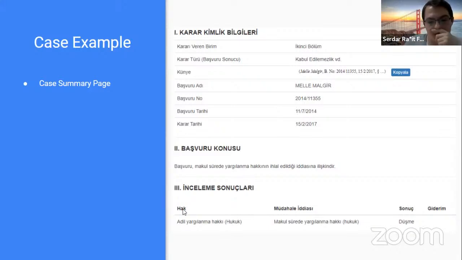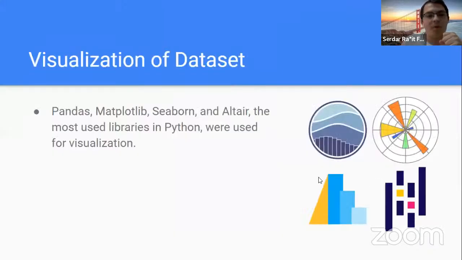For example, the first one is right, in Turkish hak, and then result, in Turkish sonuç, is an important labeling title for our NLP task. For example, violation or no violation, binary classification with the result title.